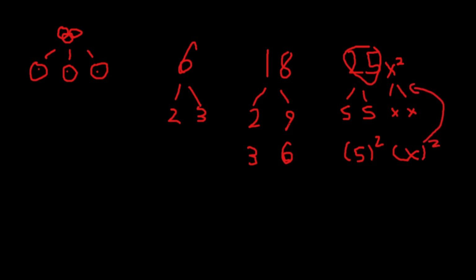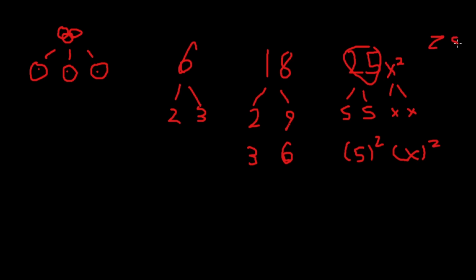The difference between this and this is that the x is in a parentheses. So anything else in that parentheses is also going to be squared. Whereas this 25 right here, because it's not in parentheses, we do not square it, even though there's a square symbol here.